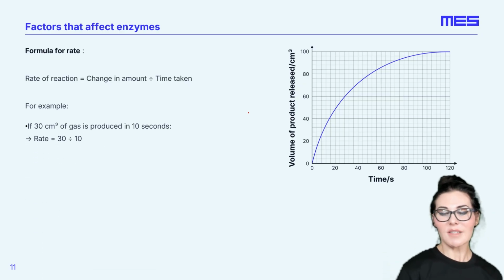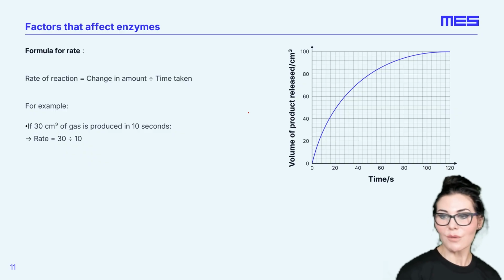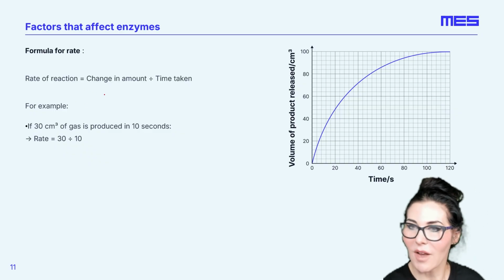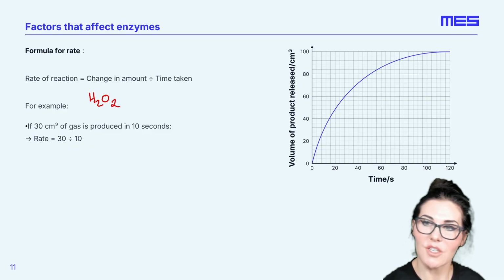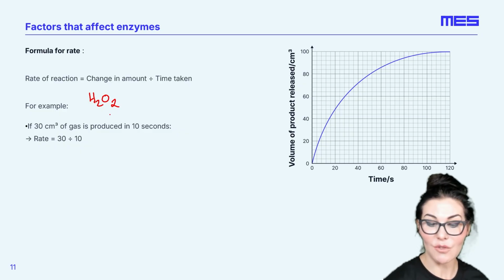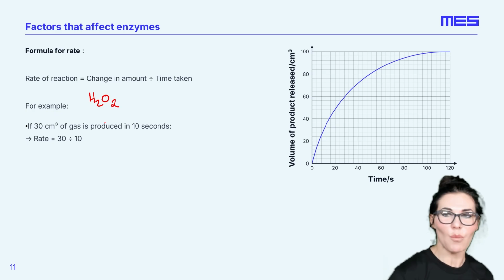So for example, let's say you were carrying out an enzyme-controlled reaction where a gas was produced. I'm going to give you an example of a reaction involving an enzyme. There is a substrate called hydrogen peroxide, H2O2, which is a chemical we produce naturally in our cells, but it's a toxic byproduct of our metabolism. We don't want it to be in our cells, but it is produced.